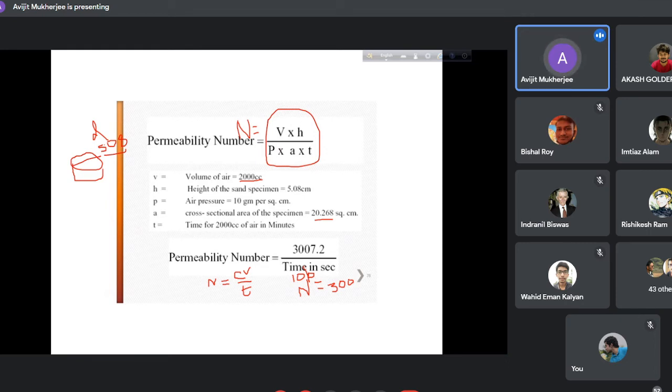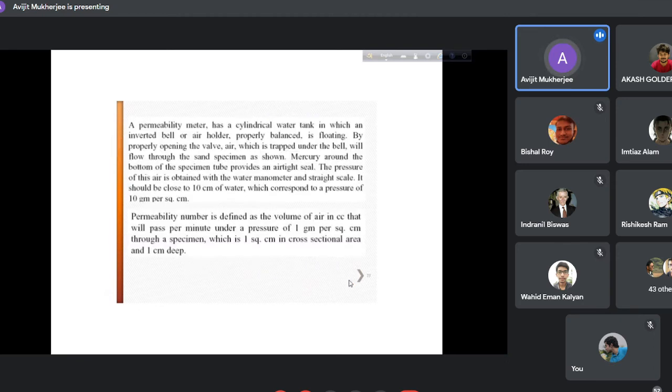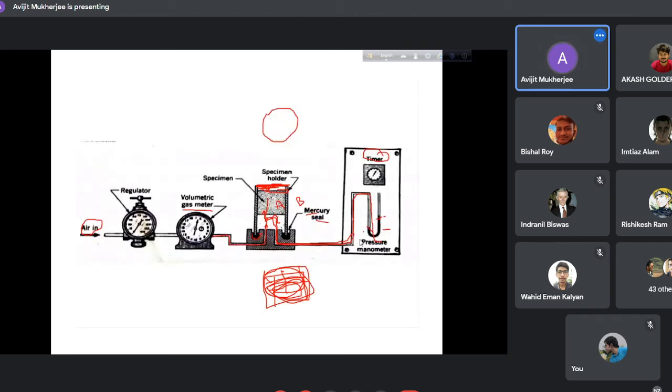Now what does it mean? If permeability number is more, what does it indicate? Less time is required. And less time is required means denser is that structure, because quickly all the air is reflecting back and quickly it is applying pressure.